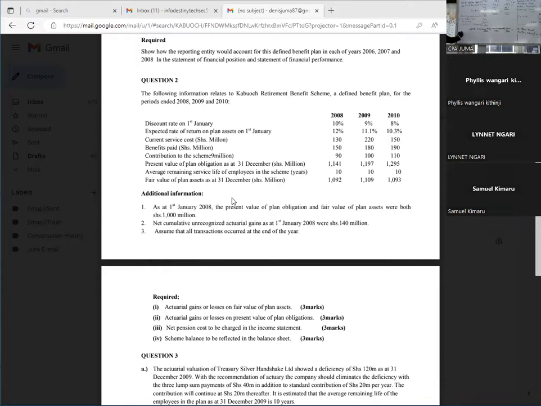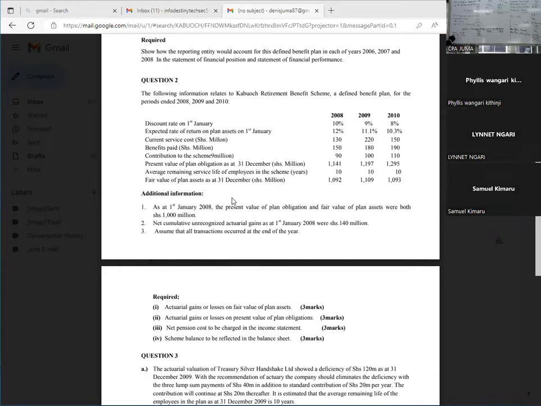What was the balance brought down? The net unrecognized gains in 208 brought down was 140. Then during this year, check the net actuarial for the year. It was negative 29. So you top up to that 140. For the year, there was a loss of 29.